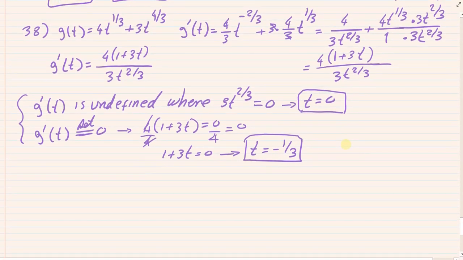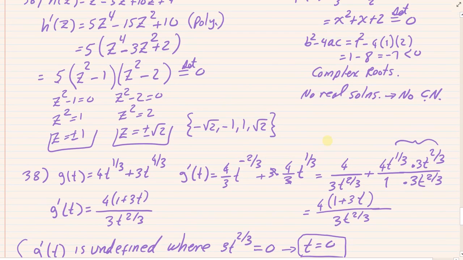Now it's important when we find these, by the way, that these fall in the domain of the function. The domain of this function, because it's a cube root, cube root of t here and cube root here, is all real numbers, so both of these numbers are within the domain. But we have to check. And up here, the same thing.